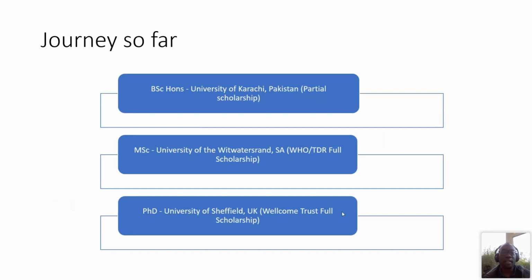So I started with a bachelor's. It was a mixed bachelor's master's at the University of Karachi. And I got that with a partial scholarship because it was subsidized fee paying. And then I went over to do a master's in epidemiology through the WHO TDR postgraduate scholarship that supports implementation science, within the Public Health Department of the University of Witwatersrand.